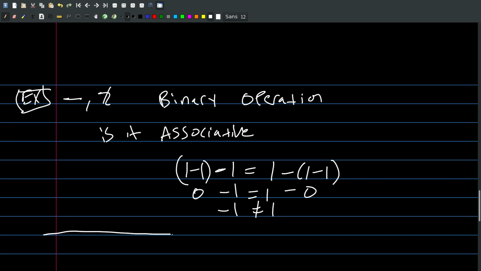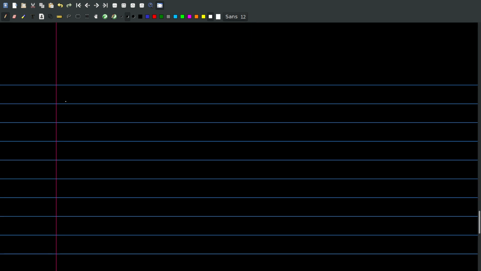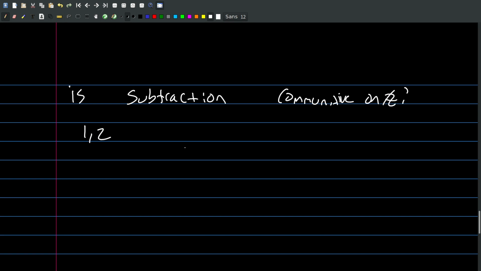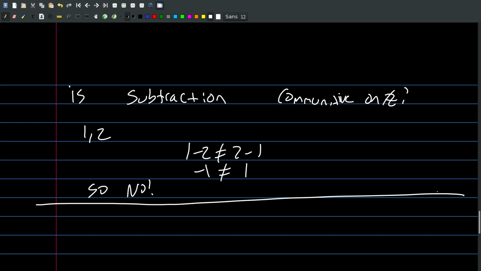Right? Now, is subtraction commutative on the integers? And we have the case, think of 1 and 2. 1 minus 2 is not equal to 2 minus 1. So no. Okay.